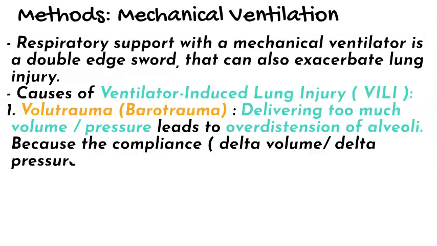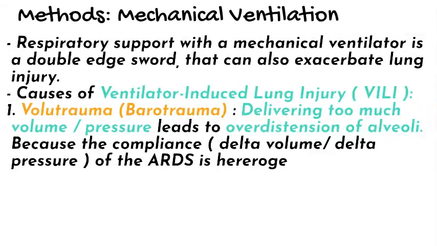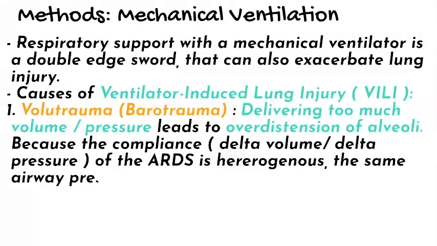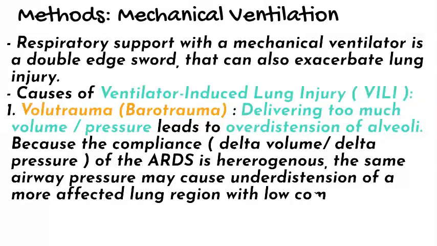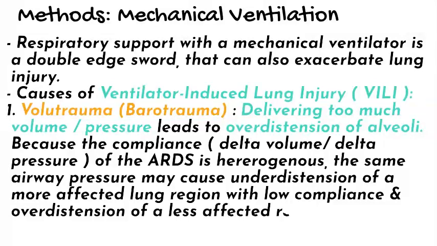Because the compliance, that is delta volume over delta pressure, of the ARDS lung is heterogeneous, the same airway pressure may cause underdistension of a more affected lung region with low compliance and overdistension of a less affected region.